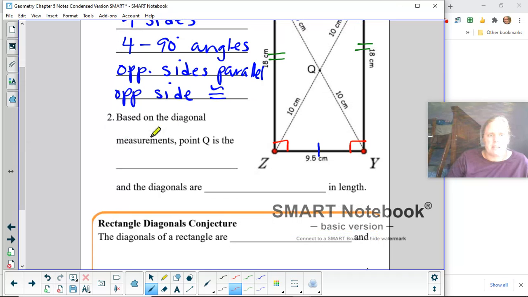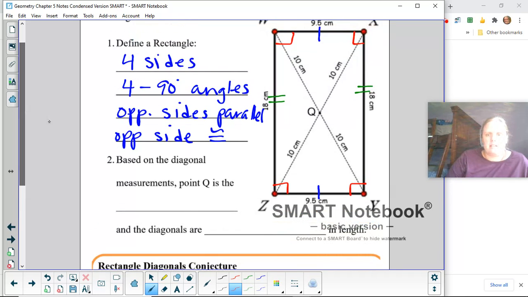All right, based on the diagonal measurements, point Q is the blank, and the diagonals are blank in length. So if I look at the diagonals, here is a diagonal going to point Q and continuing to the other corner. Those are both 10 centimeters.